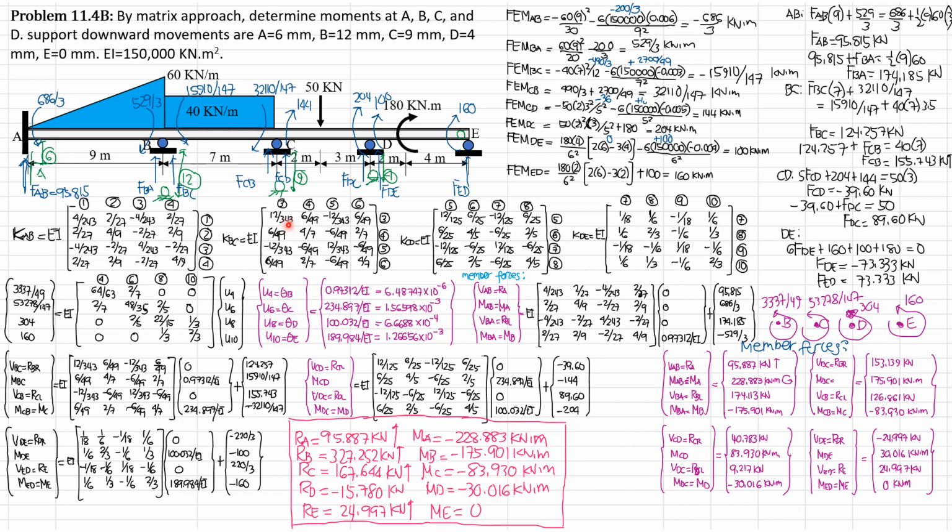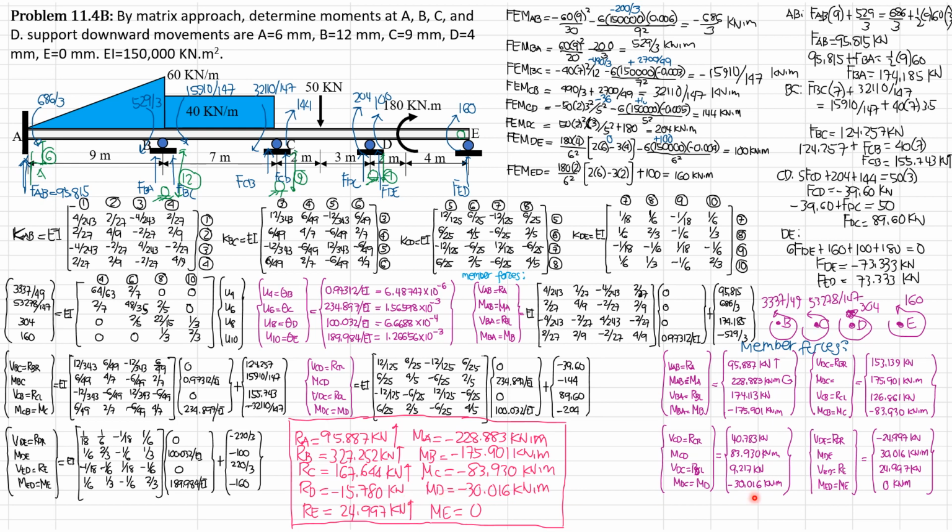RD is shear DC or RD left plus shear DE, which is RD right. Shear DC 9.217 plus shear DE negative 24.997, so negative 15.78 kilonewtons, which is correct.